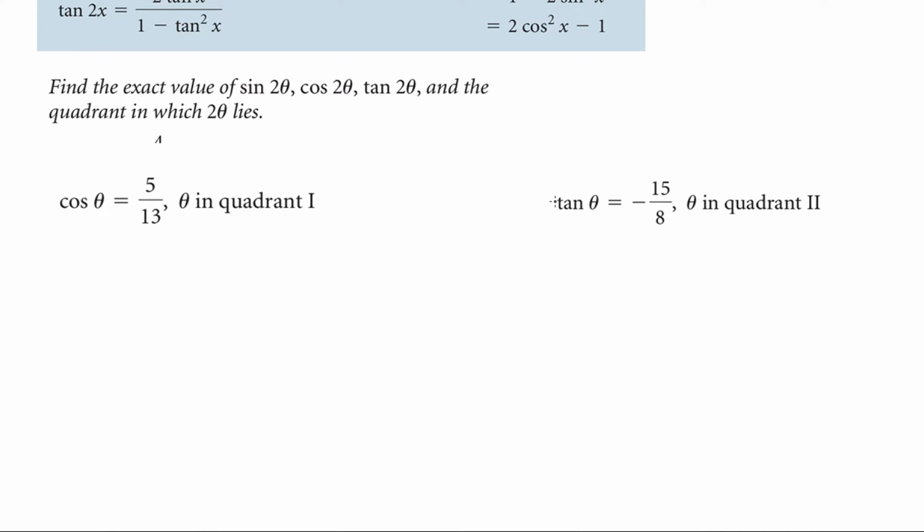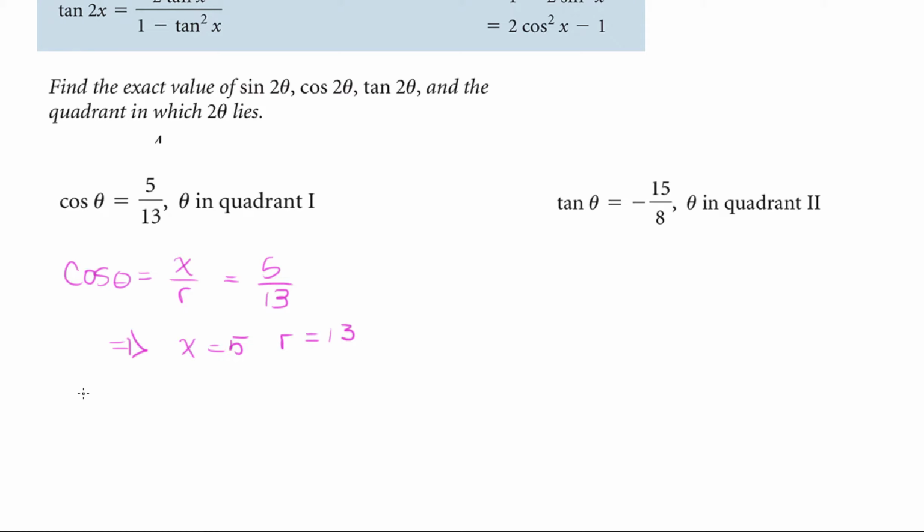Again, this is a different problem, so don't look at this one yet. Let's concentrate on this one. So cosine of theta is x over r. Well, that means that 5 over 13 implies that x equals 5 and r equals 13.